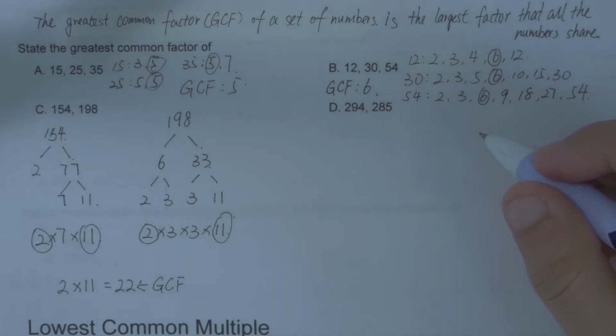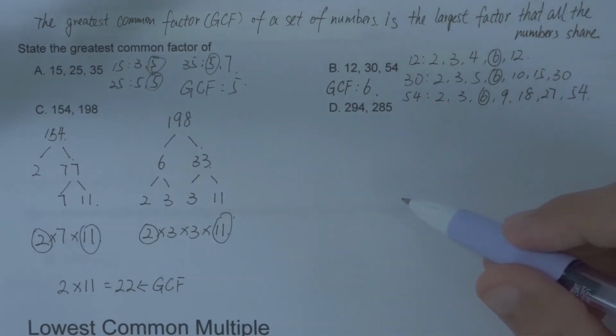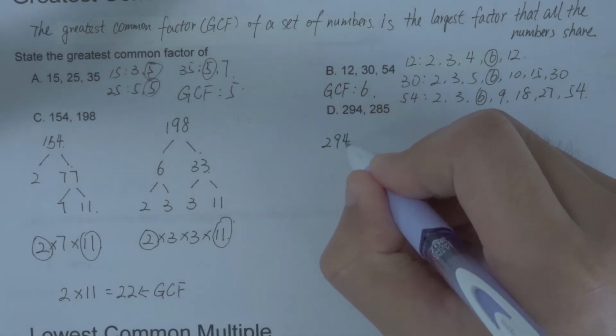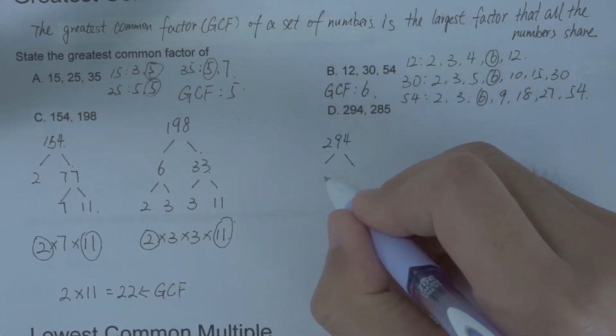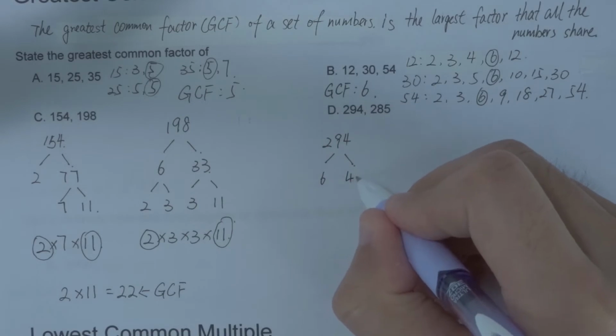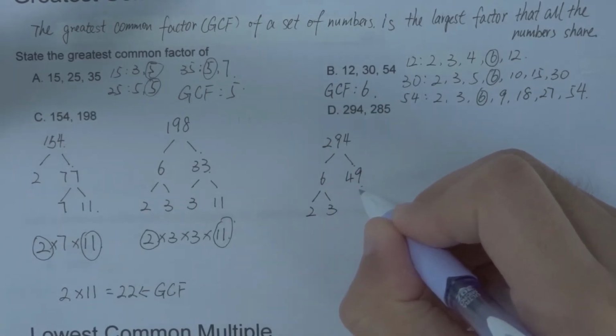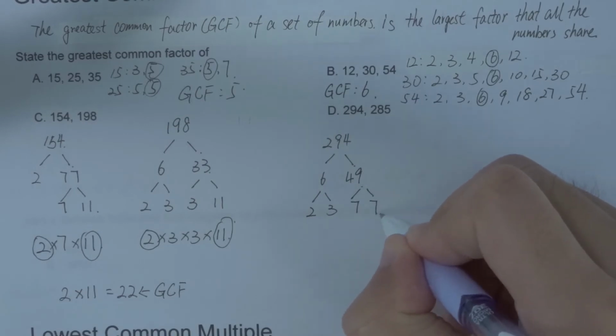Okay, now let's try another example, 294 and 285. 294 we can break into 6 and 49. 6 we can break into 2 and 3, and 49 we can break into 7 and 7.